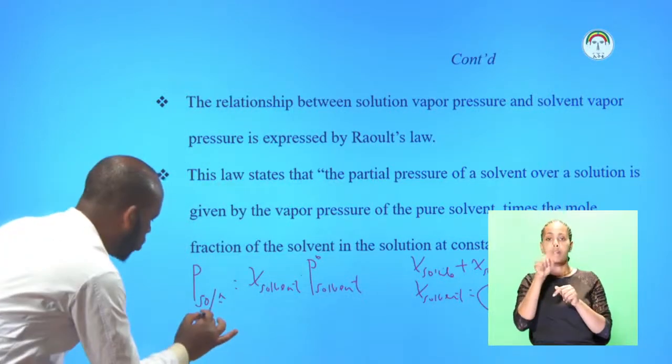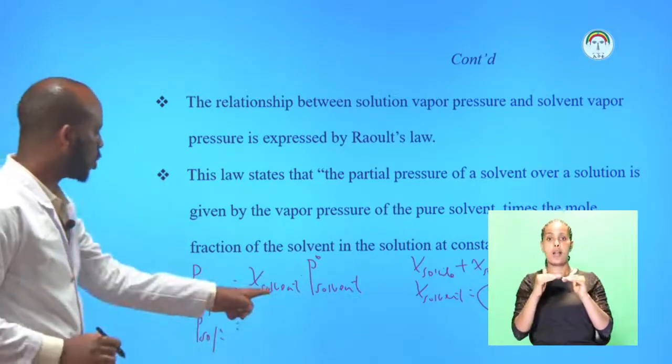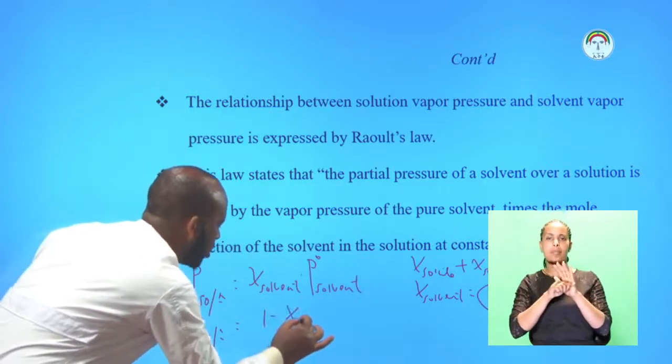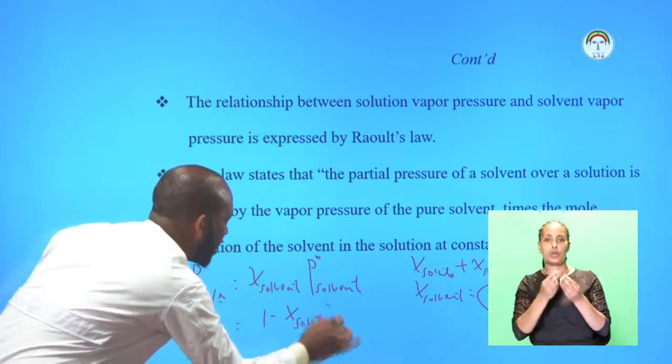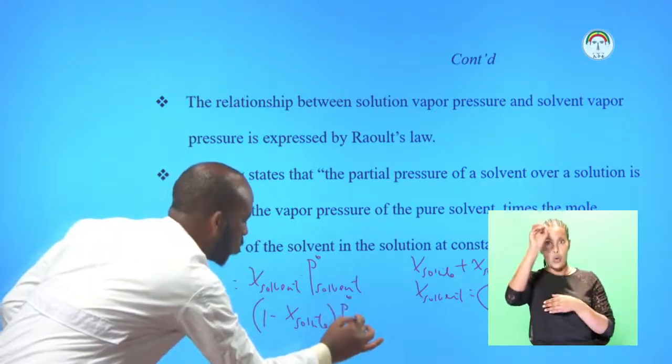Therefore, P of the solution equals 1 minus mole fraction of the solute times vapor pressure of pure solvent, P naught of the solvent.